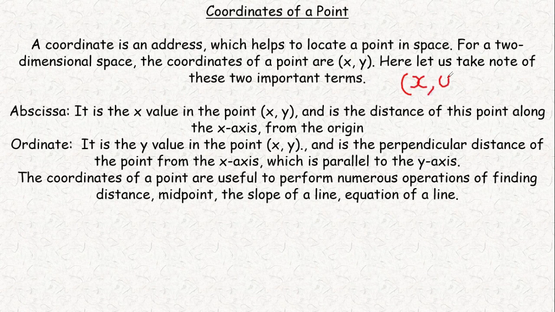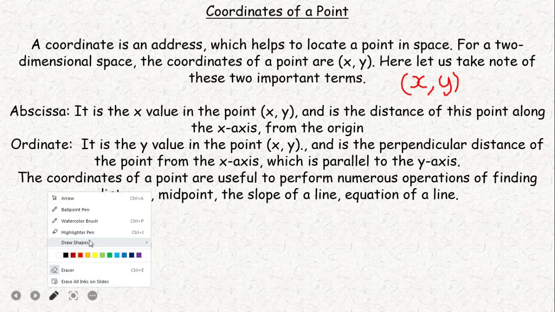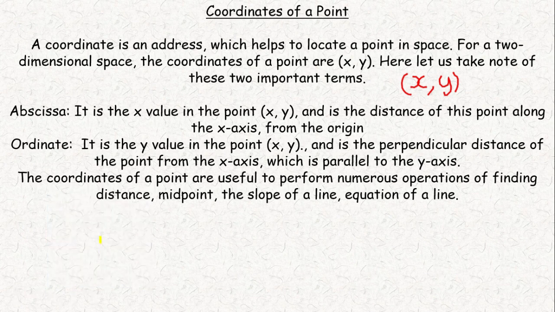Here in this x, y, x is called abscissa and y is called ordinate.